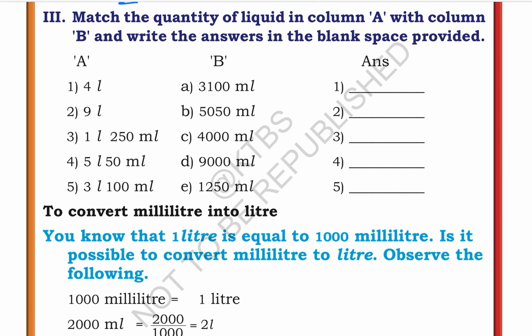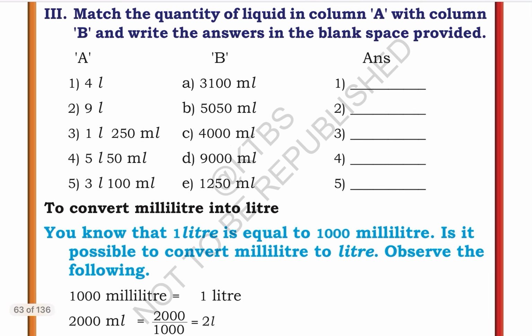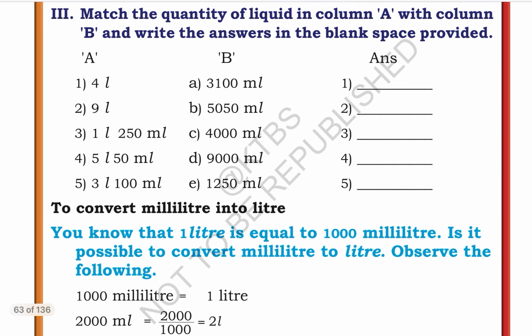Match the quantity of liquid in column A with column B and write the answers in the blank space provided. 4 liter, 4 into 1000, how much? 4000. C. Answer. Nine liter. 9 liter is 9 into 1000.